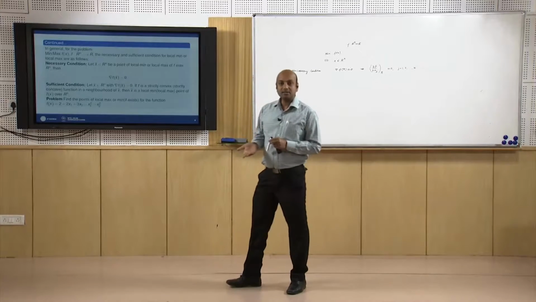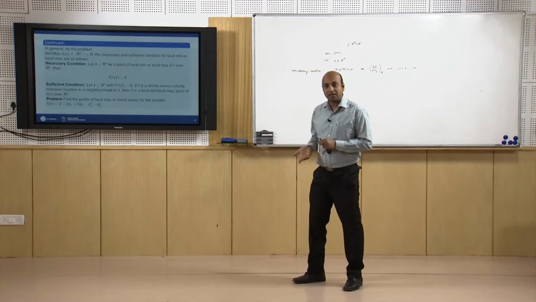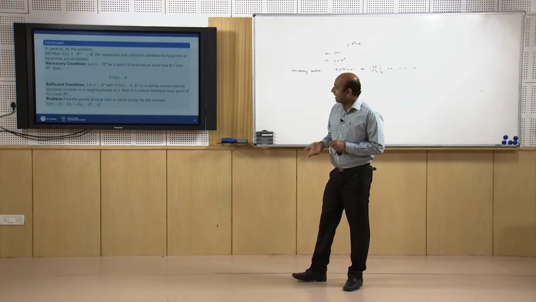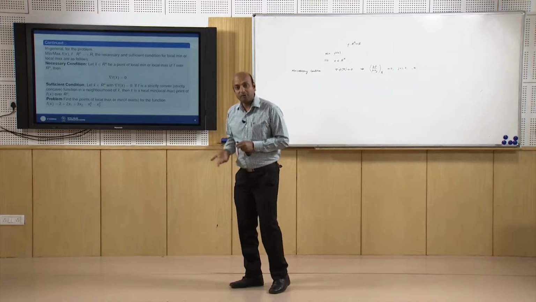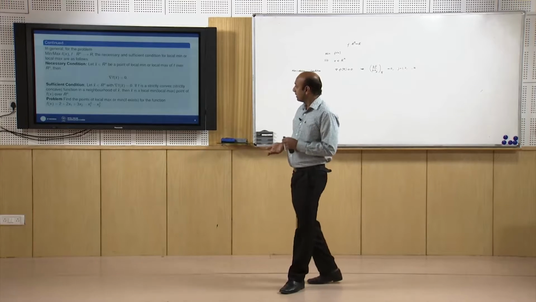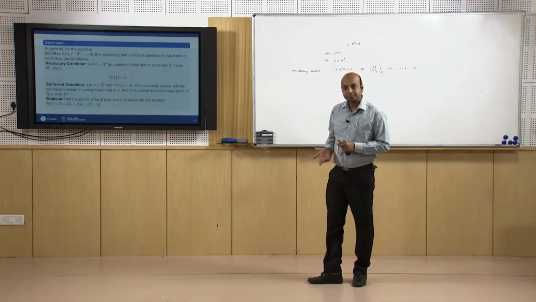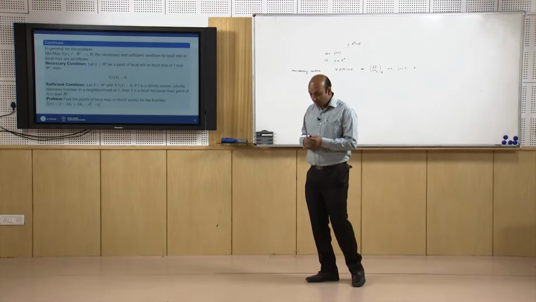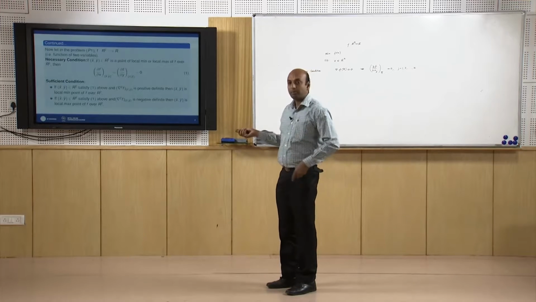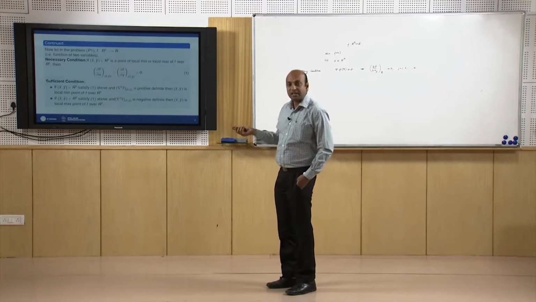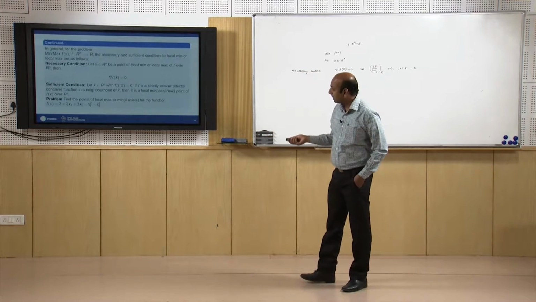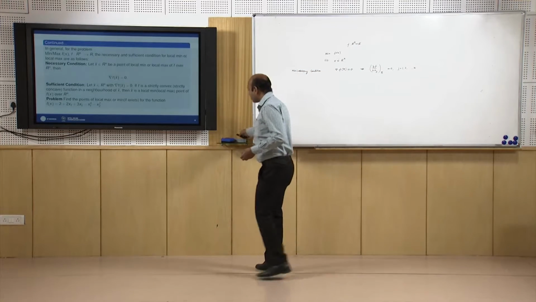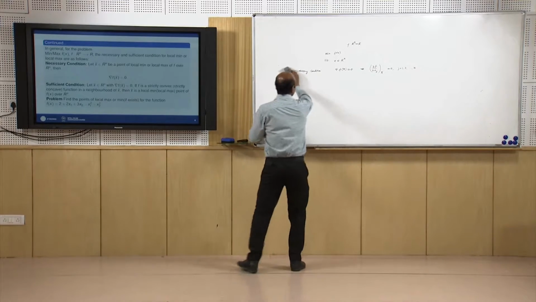Strictly convex means the Hessian matrix is positive definite. And if the Hessian matrix is negative definite, then x bar will be a point of local maxima. The same result which we did for a 2 variable problem, we can generalize for the n variable problem also.